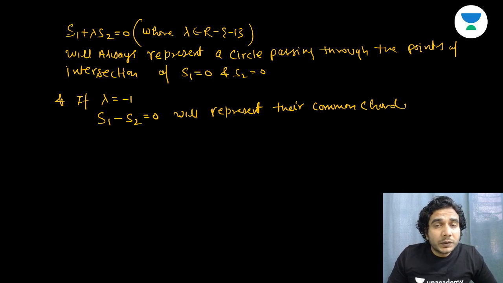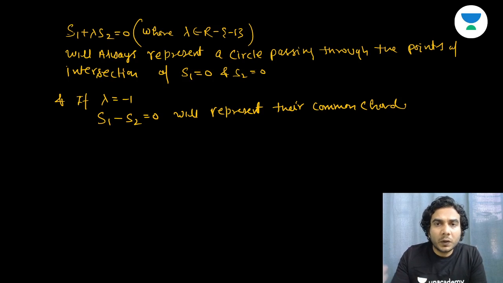Whenever you are adding two circles by multiplying the equations with some parameters, this equation will always represent a circle or a line in one case, which is common chord. Otherwise, it's a circle passing through their points of intersection, okay? That's why we call it family of circles rather than calling them family of curves.